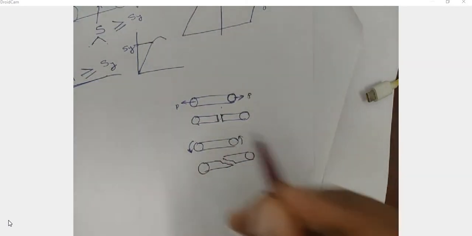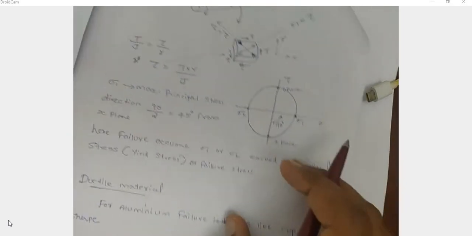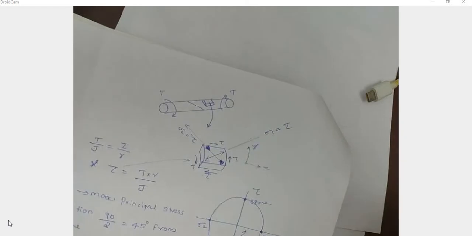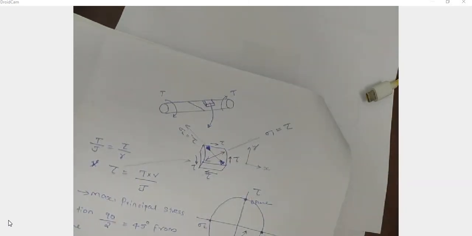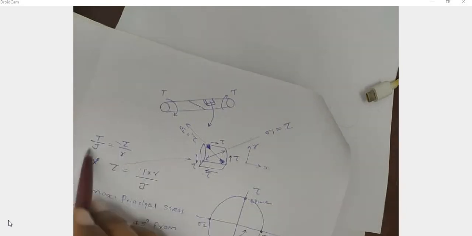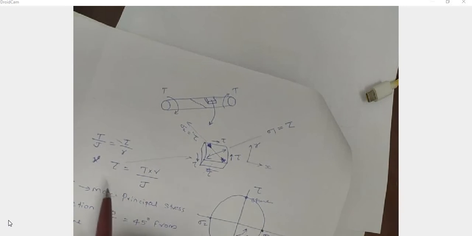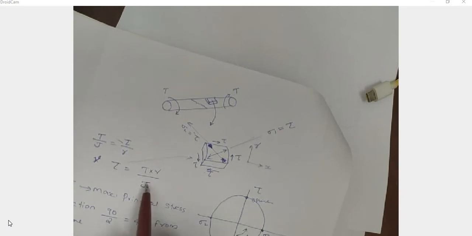But when we apply a torsion, what happens? Consider a small element at the surface, and this is the enlarged view of that small element. Here when we apply a torsion, using the equation T by J is equal to tau by R, we can say tau equals TR by J.